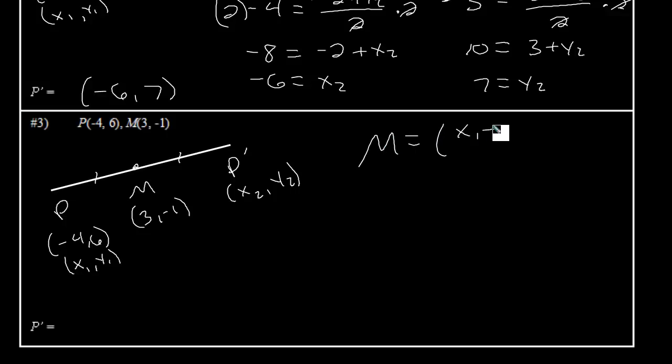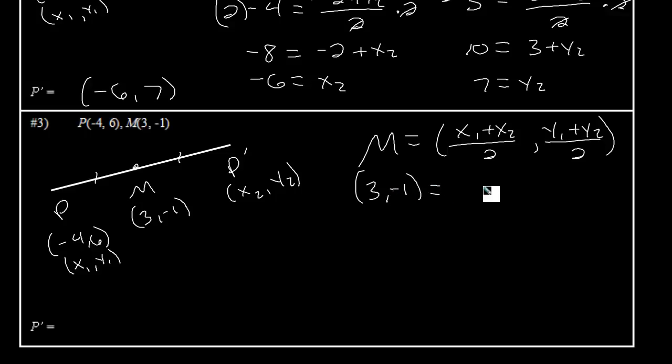Midpoint formula is the average of the x values followed by the average of the y values. Midpoint is 3, -1. X values here we have a -4 and x sub 2.